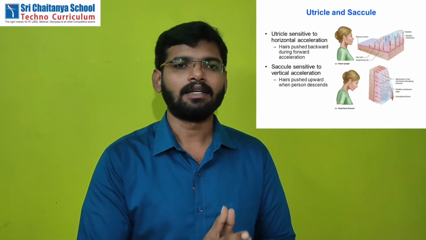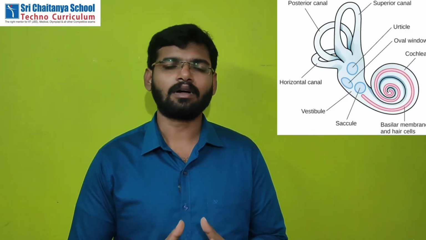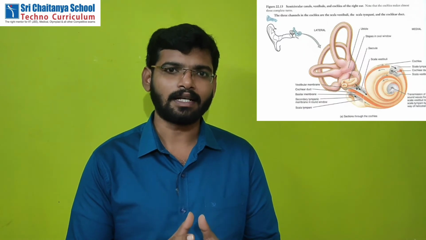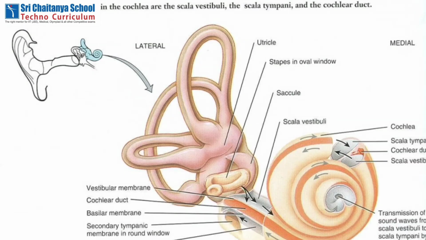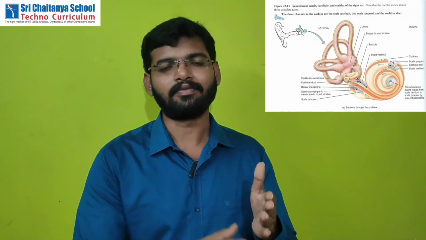And next, this vestibule is connected to the cochlea. This cochlea looks like a snail shell. If we observe this cochlea, it is spirally coiled and it has three parallelly arranged canals. The first tube is the scala vestibuli, the middle one is called the scala media, and the last tube we call the scala tympani.